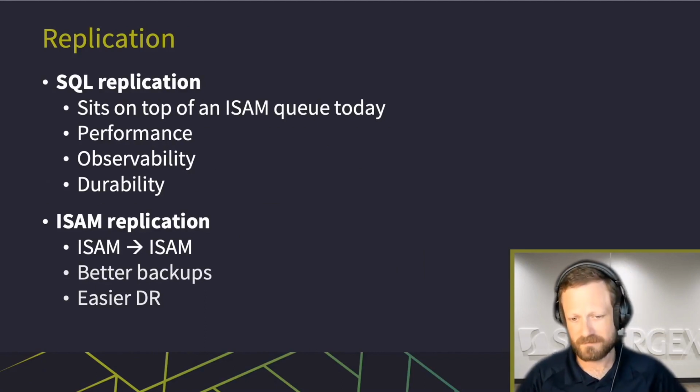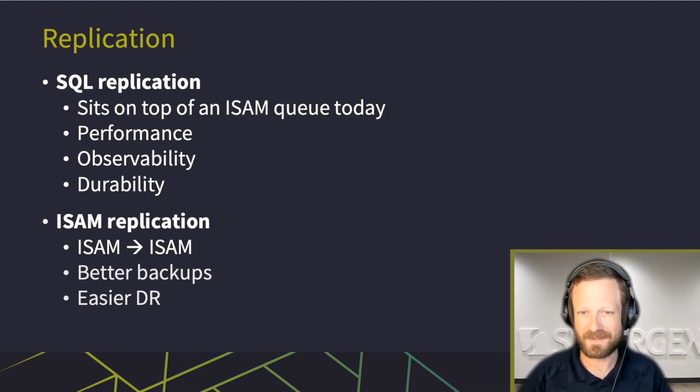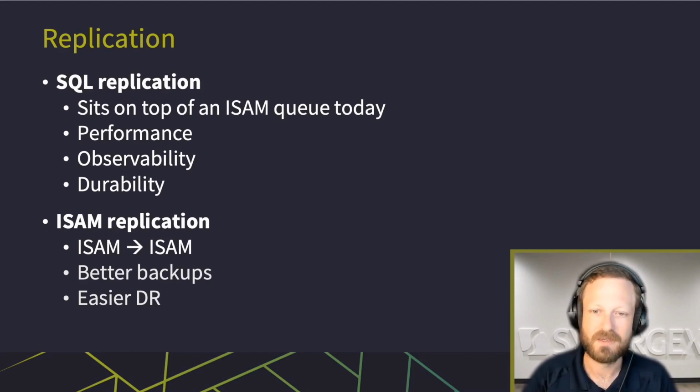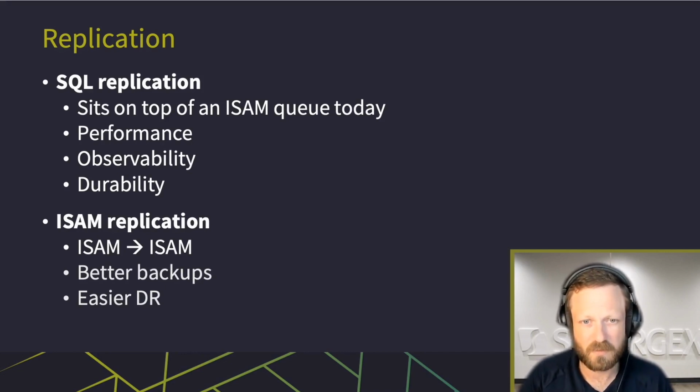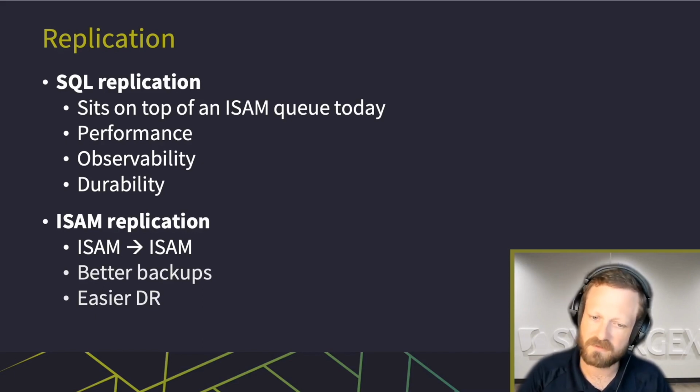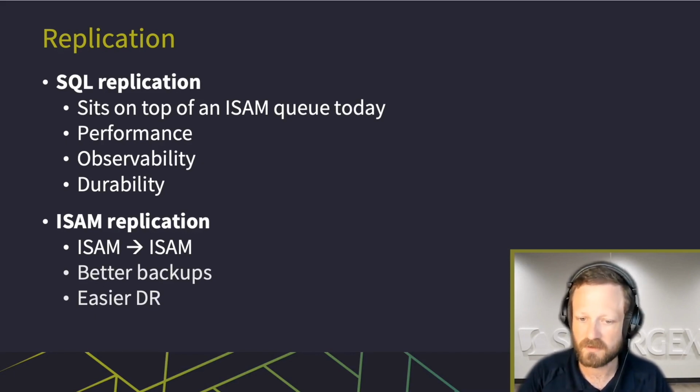And on that topic of SQL replication, today that sits on top of an ISAM file queue. We're looking at replacing that with Kafka, specifically for SQL replication. And a big part of that is it's faster. So the Kafka implementation should end up being more performant. It's got better observability, so you don't have to understand ISAM files in order to look in there and see how your queues are flowing, whether they're being processed appropriately.